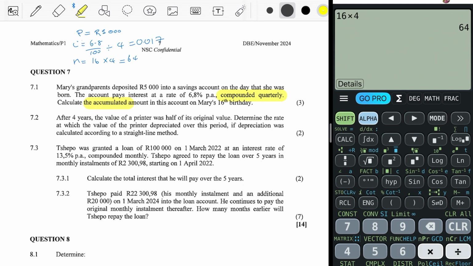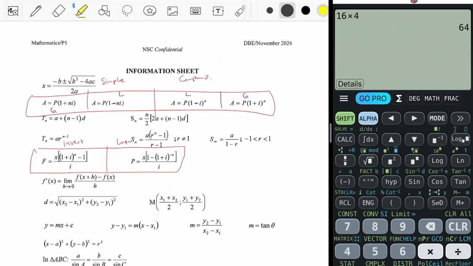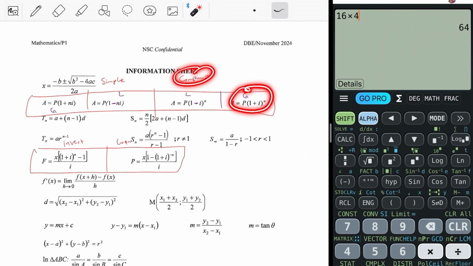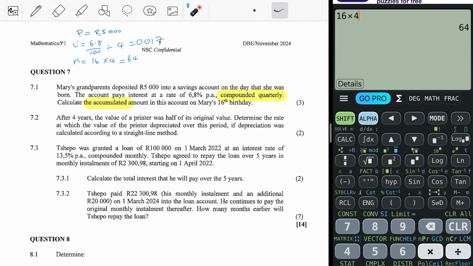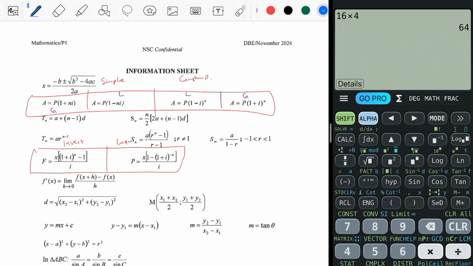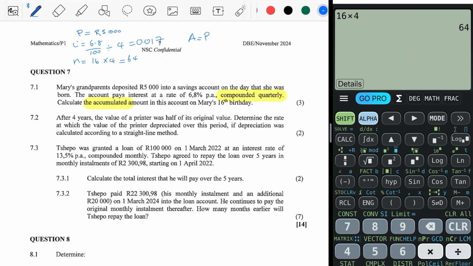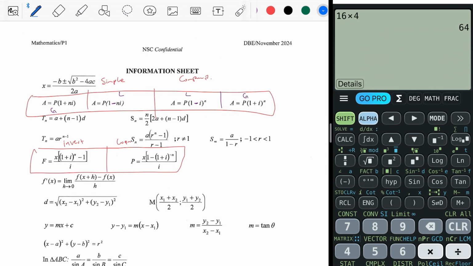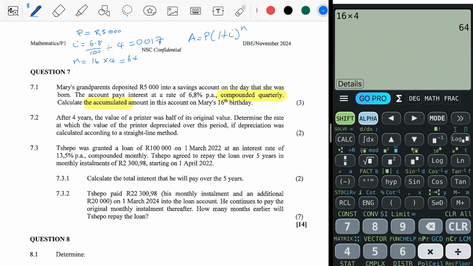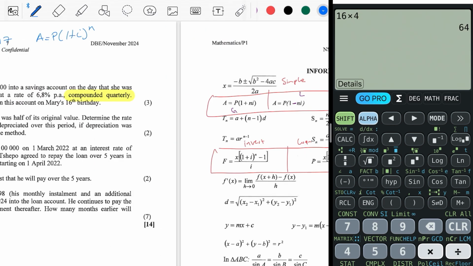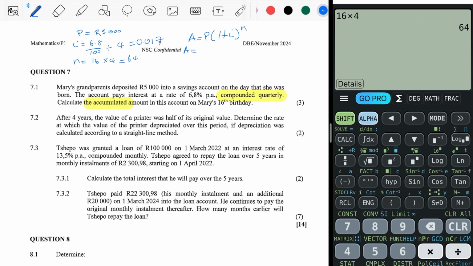So now what formula are we using? It's compounded and it's accumulated. So this is the formula that you're using. You see the key words? So A is equal to P(1 + i)^n. And what is P in this case?